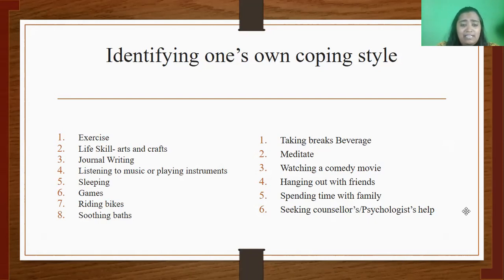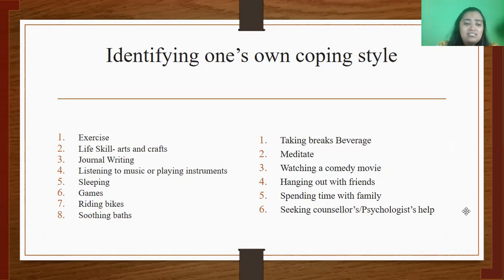Then listening to music, playing instruments, sleeping, games, riding bikes, soothing baths, taking breaks, beverage breaks, meditate, watching a comedy movie, hanging out with friends, spending time with family, and also definitely talking to a counselor, or even seeking therapy. All of that is going to help. So there are different ways.